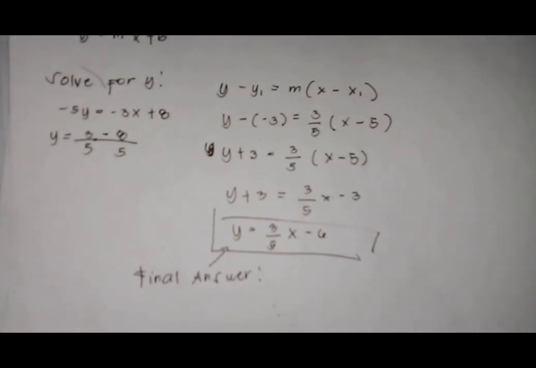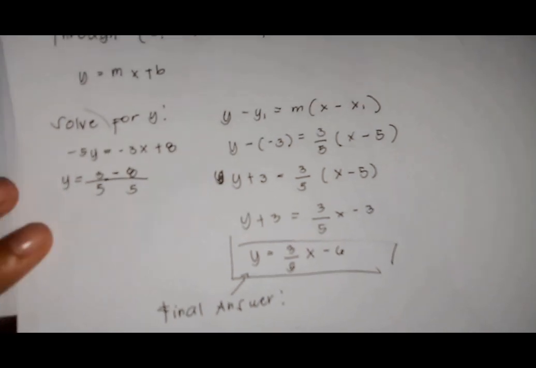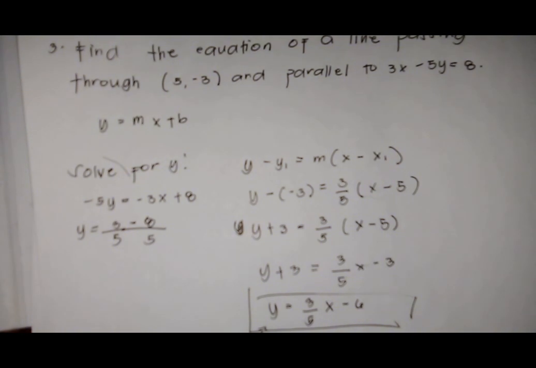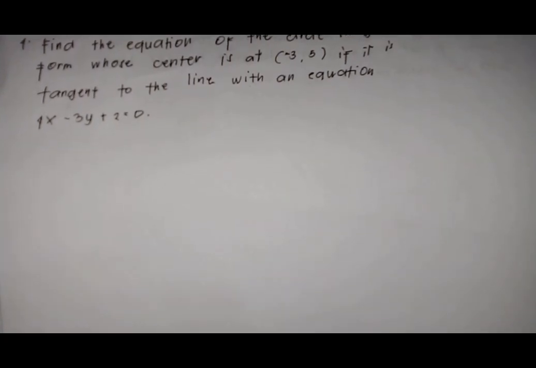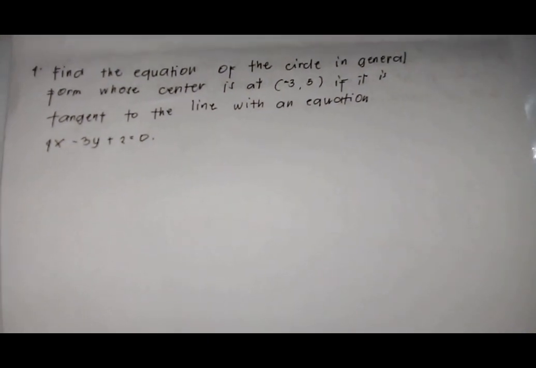So let's move on to question number 4, part 1. Find the equation of the circle in general form whose center is at negative 3 and 5 if it is tangent to the line with an equation 4x minus 3y plus 2 is equal to 0.